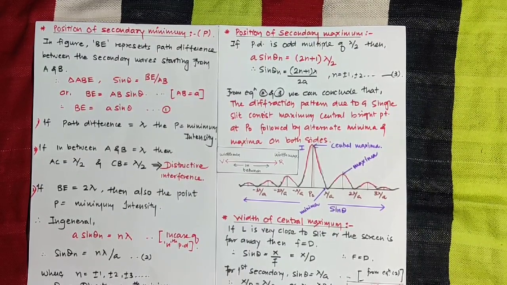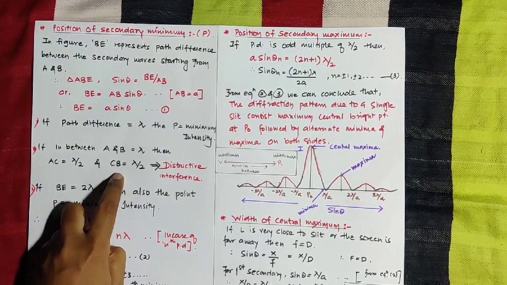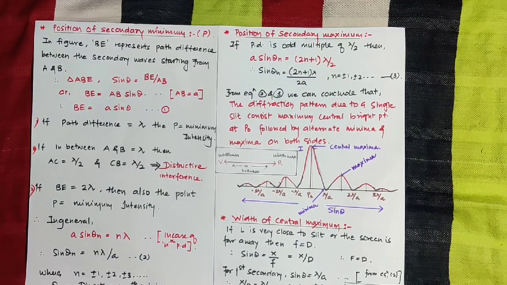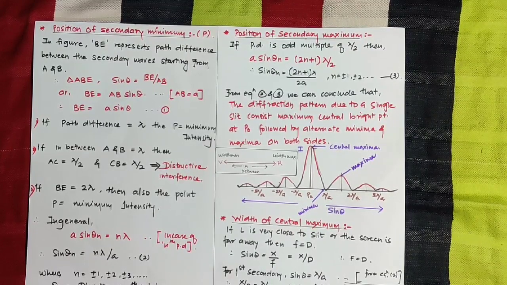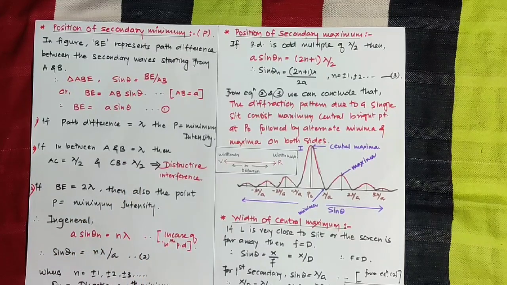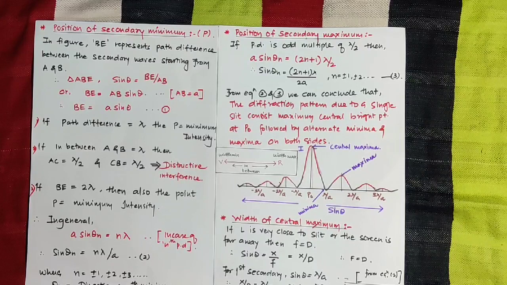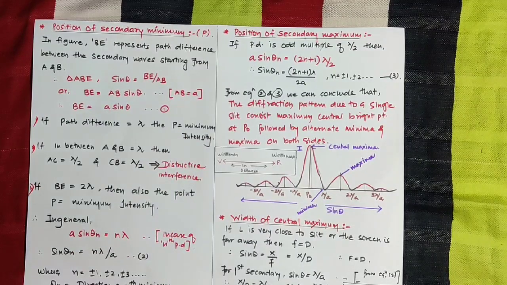Similarly, for every point in the upper half CA there is a corresponding point in the lower half CB, and the path difference between the secondary waves from these points is what? Lambda by 2. Thus, destructive interference takes place, and when destructive interference takes place at point P, then point P is considered to be a point of minimum intensity.